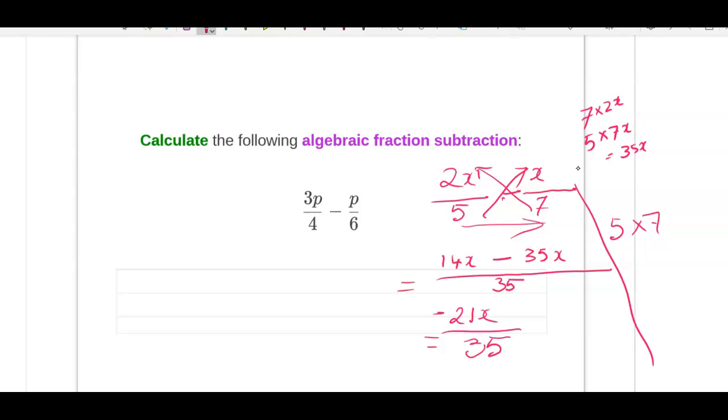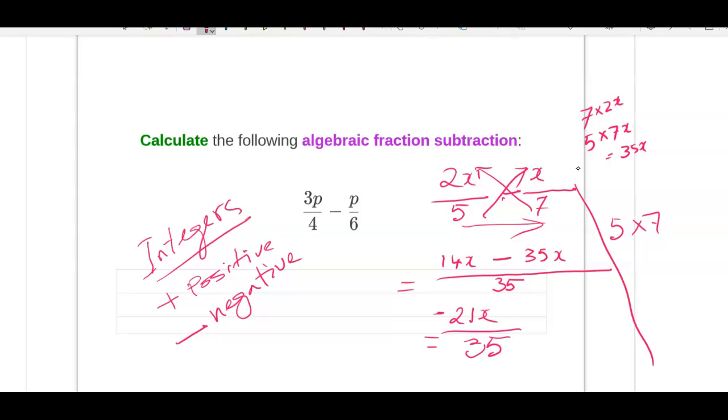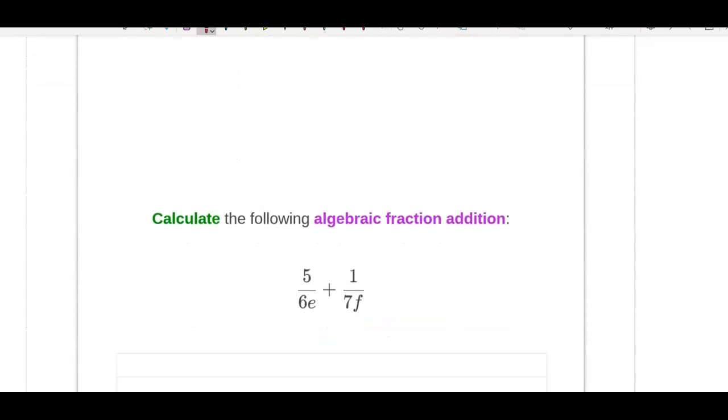This is the reason you got to make sure you revise integers. That means positive and negative numbers. These are not plus and minus. Remember that. In class, I talked about it. I hope you remember that.